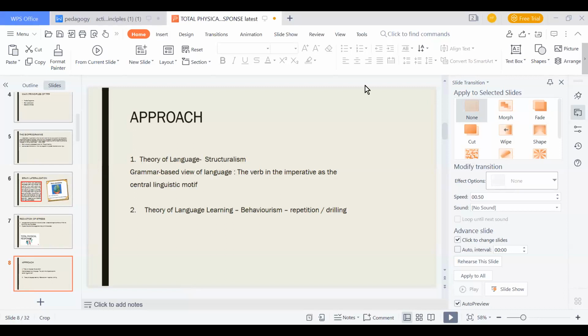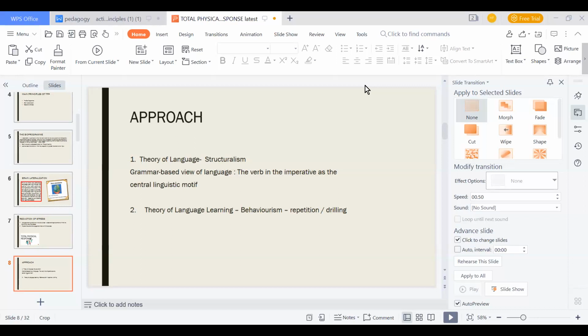Then, keeping aside the three underlying principles, now we have to look at the approach of language teaching in TPR, because starting from the audiolingual method, the rest of the methods are grounded on theories. They're scientific.